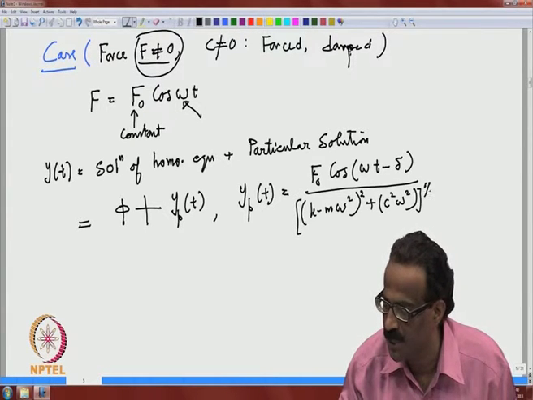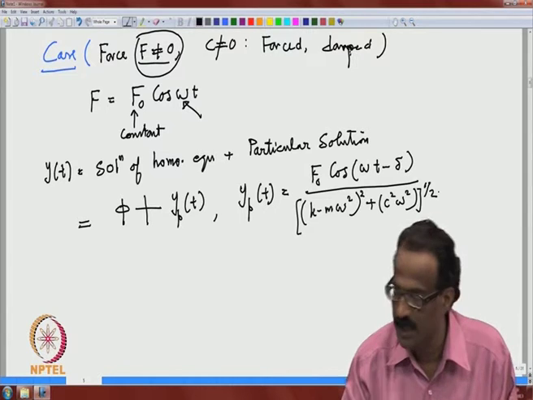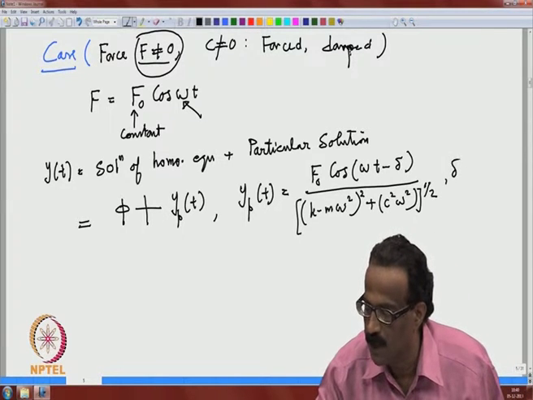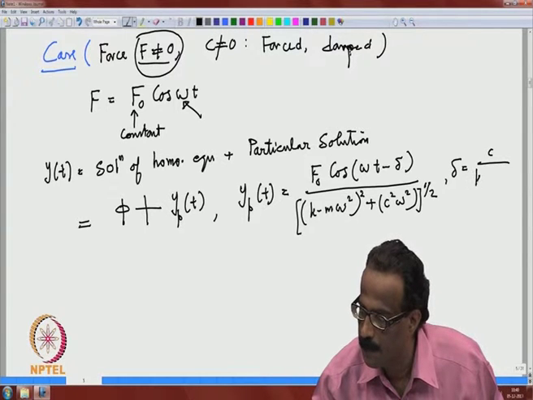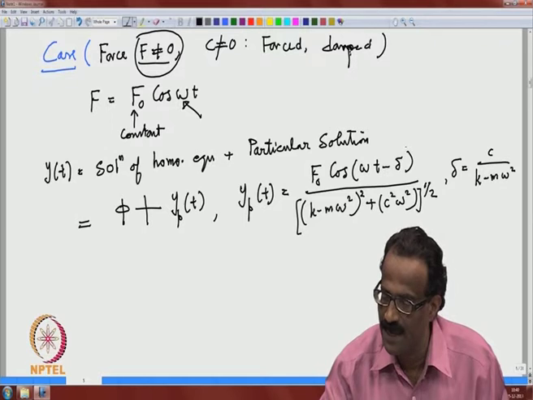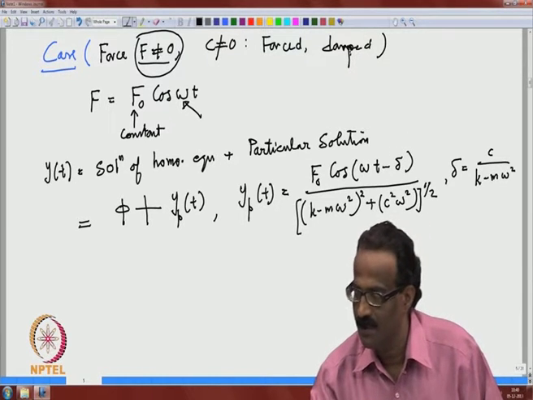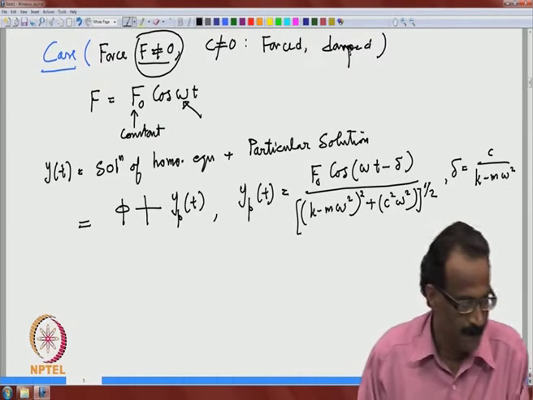I hope the computation is correct; anyway, you should do that. Where delta, you can also write down, delta here is c by k minus m omega square. So you see you can exactly calculate the phase using your external force here.